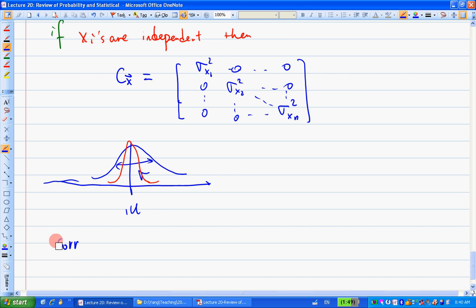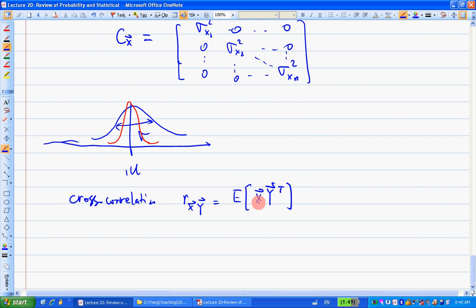So this is, let's say, first the cross correlation. We define it as R_XY, and that equals the expected value of X times Y transpose. It's a vector, right? X is 1 by n and this is n by 1, so this is another n by n matrix.